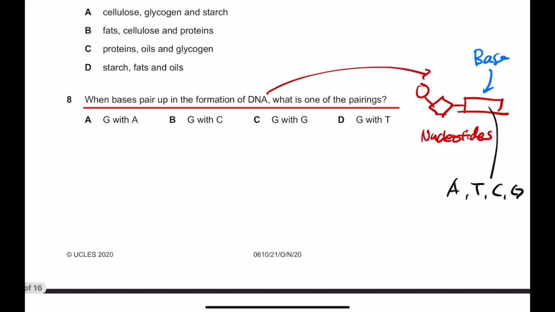The rule is called complementary base pairing, which is that A will always bind with T, C will always bind with G. So here the answer should be B, because C or G will always bind with G or C. So G always binds with C, C always binds with G. So the answer is A.